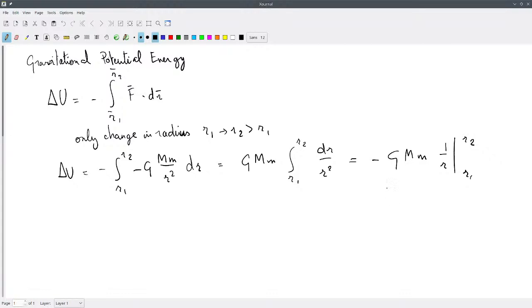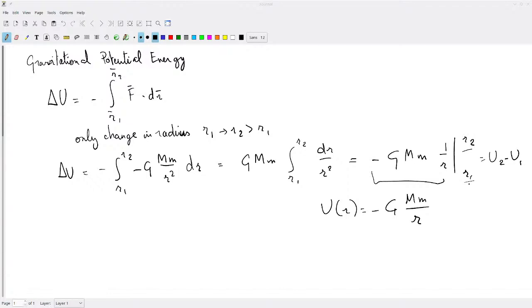Since this only depends on the difference between the potential energy at the initial radius and at the final radius, we can introduce the expression for the potential energy as minus G M m over r. That will then be U2 minus U1, the difference in the potential energy.